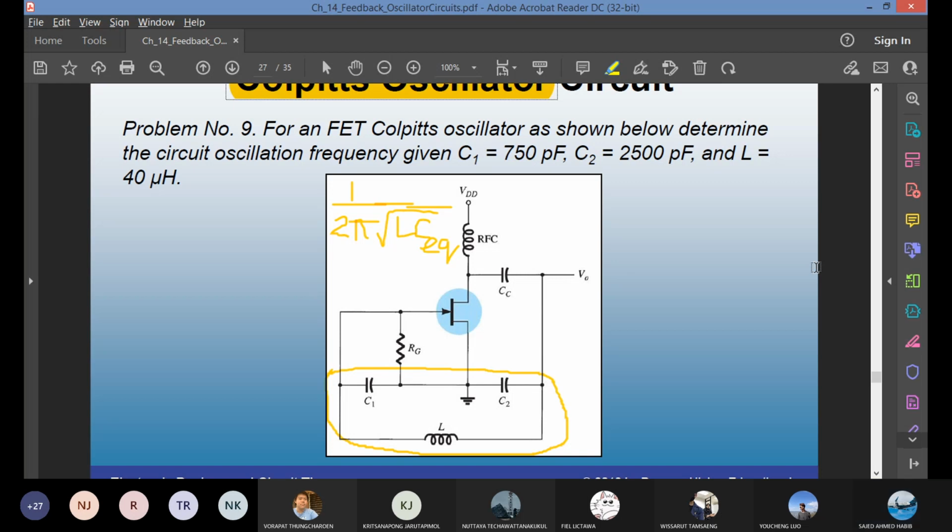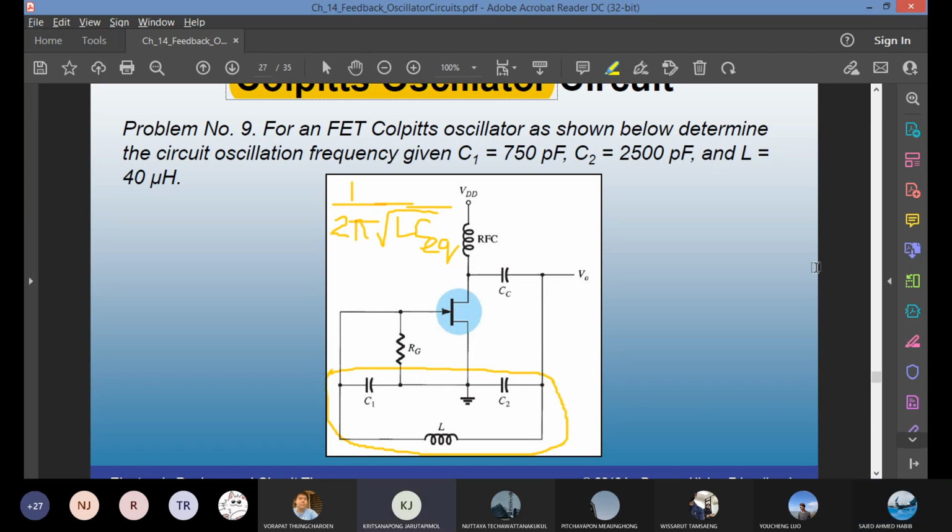For the frequency, it's around 1.05 microhertz. 1.05 megahertz. Microhertz? Micro? That is quite unusual. Maybe you forgot to invert something.